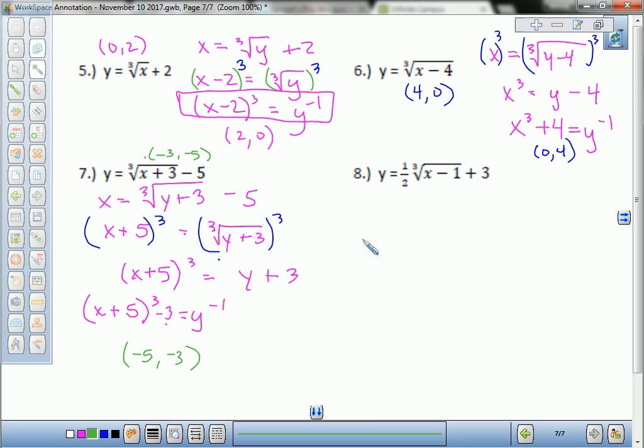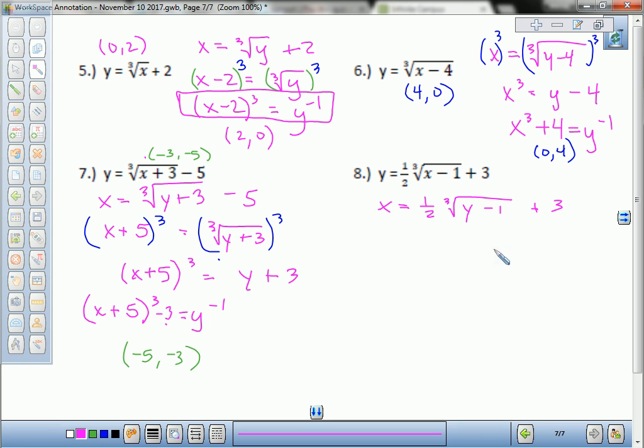All right, so this is the last one we're going to do together, and then the rest of them are for homework. So what we'll do here is we'll switch the x and y. And then we solve for y. So we're trying to get this cubed root by itself. So what needs to go first?